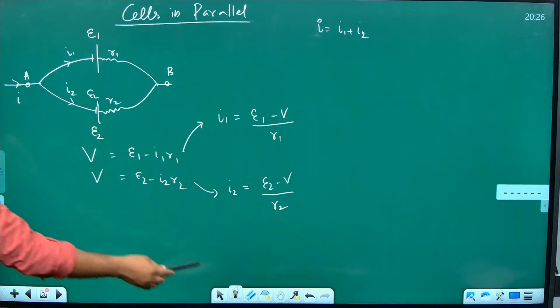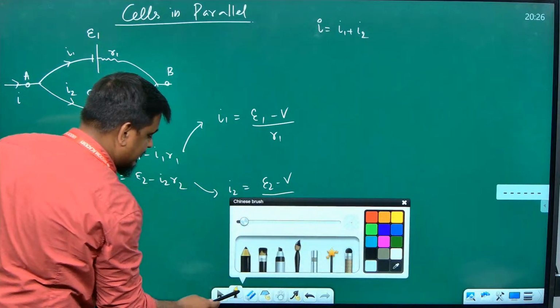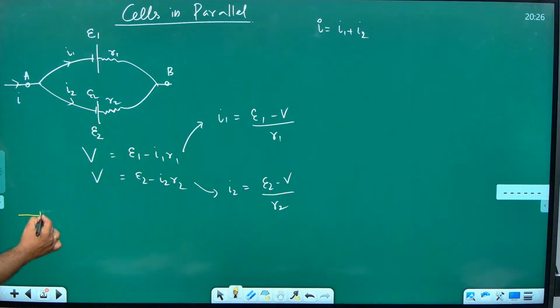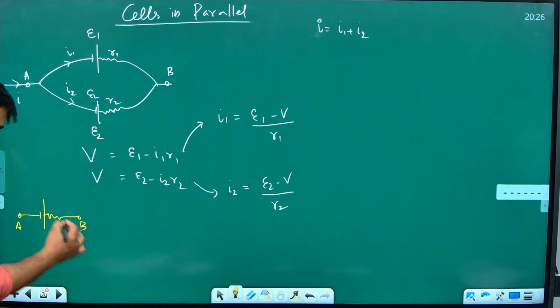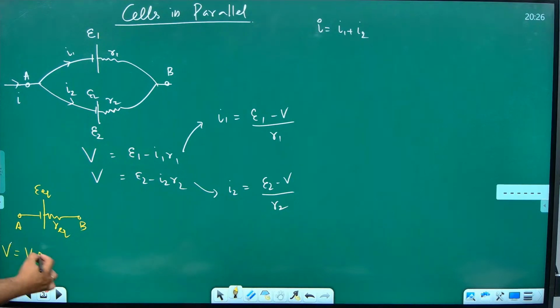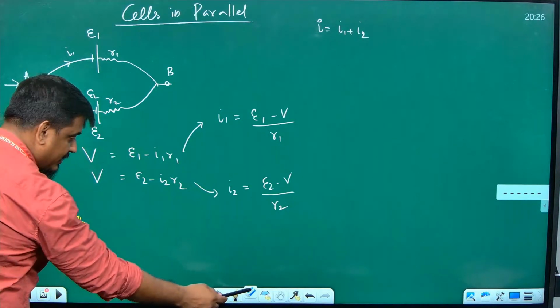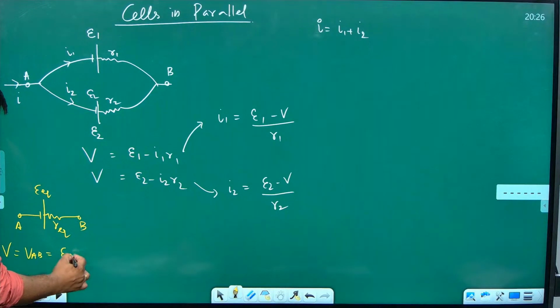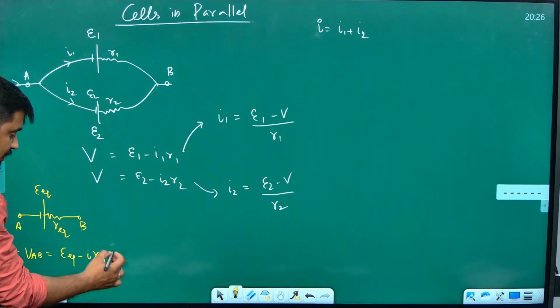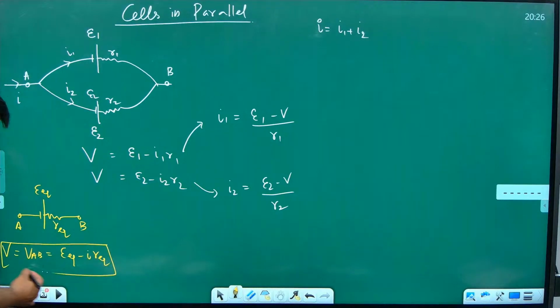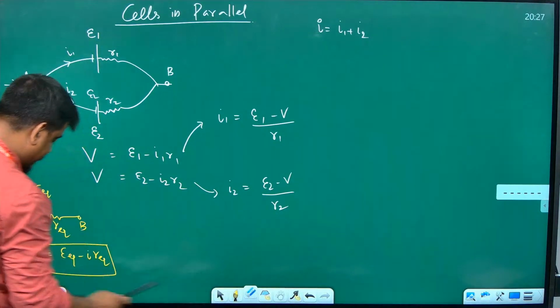And if I draw an equivalent circuit for this, with A, B, E equivalent, R equivalent, then this VAB, which is also equal to V, can be written as E minus IR. So E equivalent minus I into R equivalent.